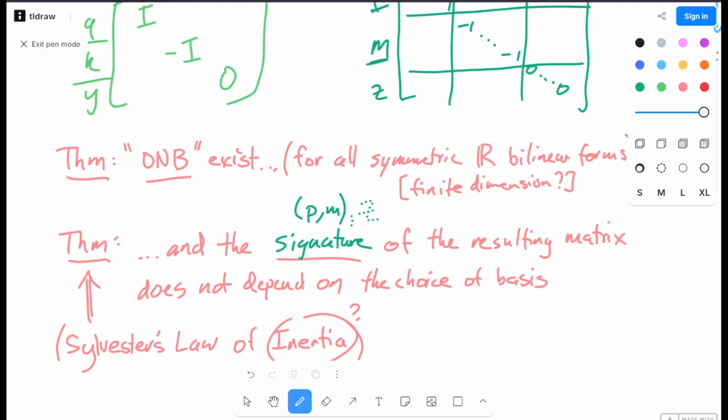Oh, so maybe Transient says this is another name for the signature. So maybe that's where that terminology is coming from. Yeah. Cool, cool, cool.